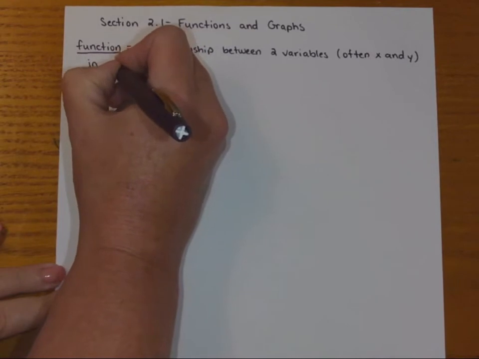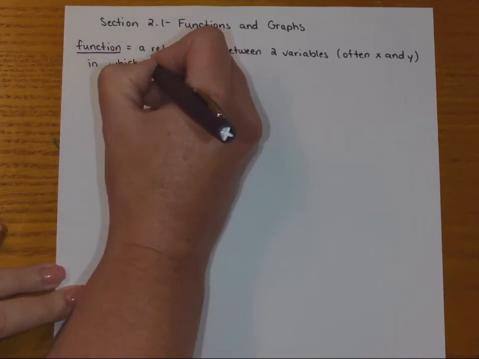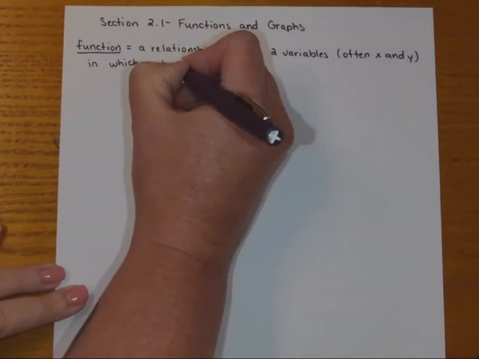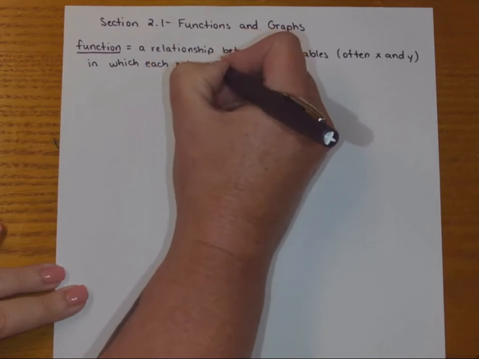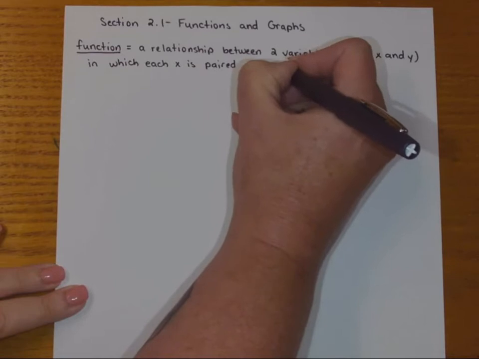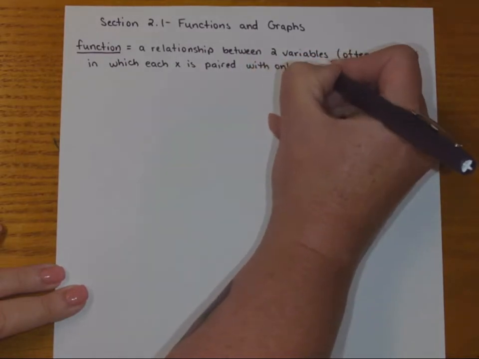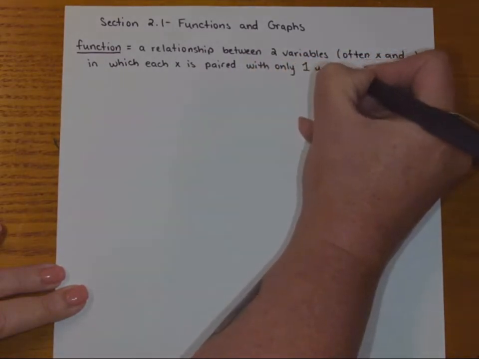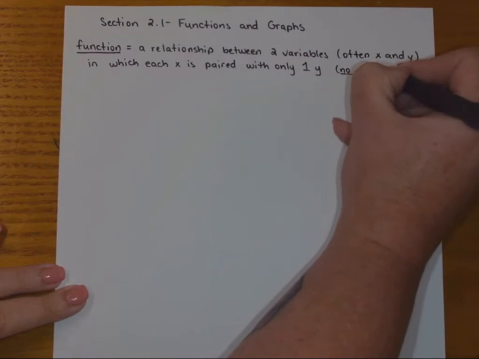But here's how you tell if it's a function. It's not just a relationship. It has to follow this rule. Each x has to be paired with only one y. In other words, there's no x that gets repeated.